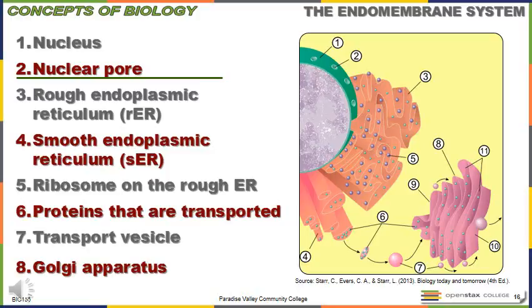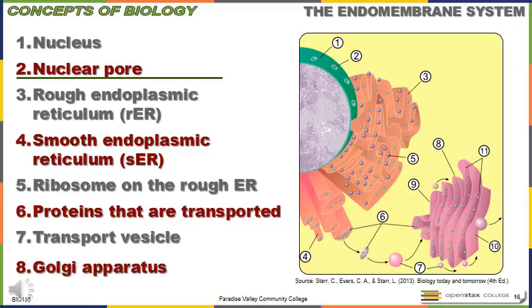So the rough has the ribosomes, it's the larger ribbon-like structure coming off the nucleus, and then the smooth endoplasmic reticulum is the shorter, smaller ribbon-like structure without ribosomes on the exterior of the folds.